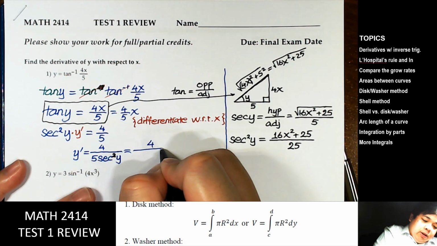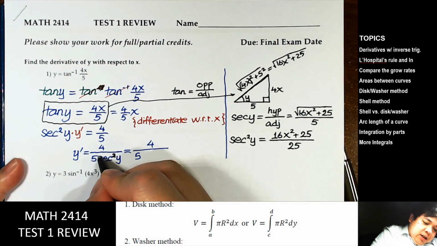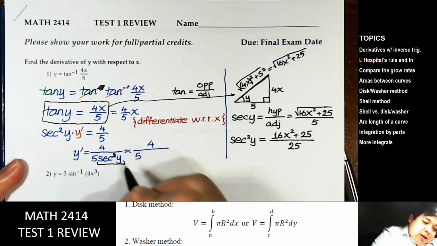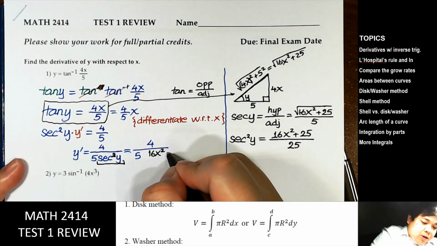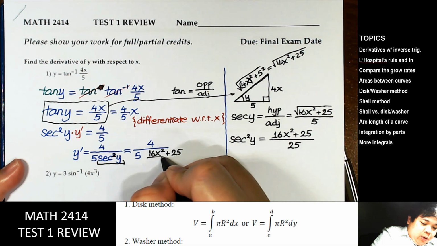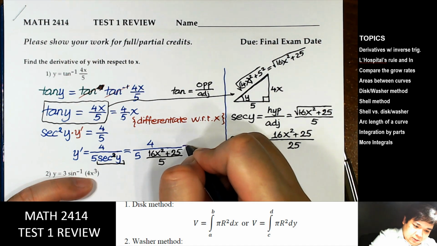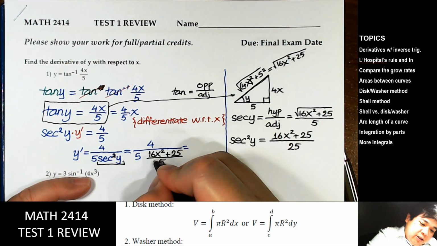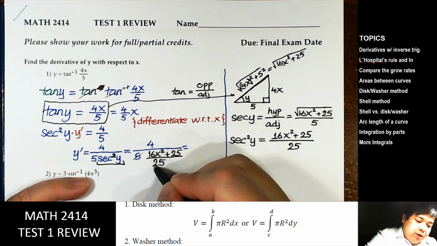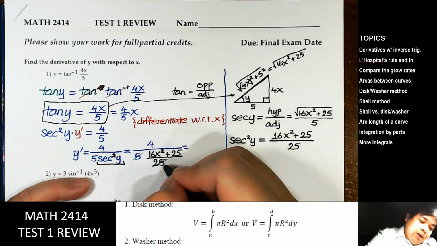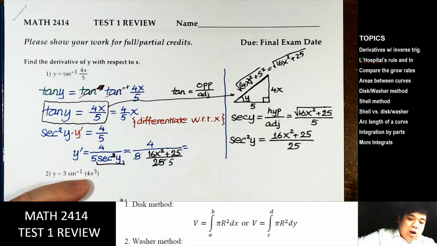We have 4 over 5. Now the secant square, this part is going to be 16x squared plus 25 over 25. And 5 and 25 cancel out, so we have 5 at the bottom here. Dividing by 5 is multiplying by the reciprocal.